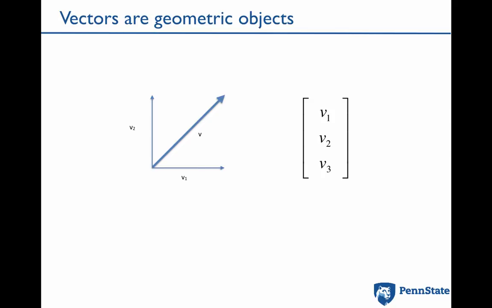So a list of numbers v1, v2, v3 is sometimes a geometric object, for example a displacement vector, or a displacement in the x and y and z directions, or a velocity vector is a rate of change of the position in the x and y and z directions. And so in some way the three values are not just a list of numbers but actually correspond to a physical thing, a physical concept.